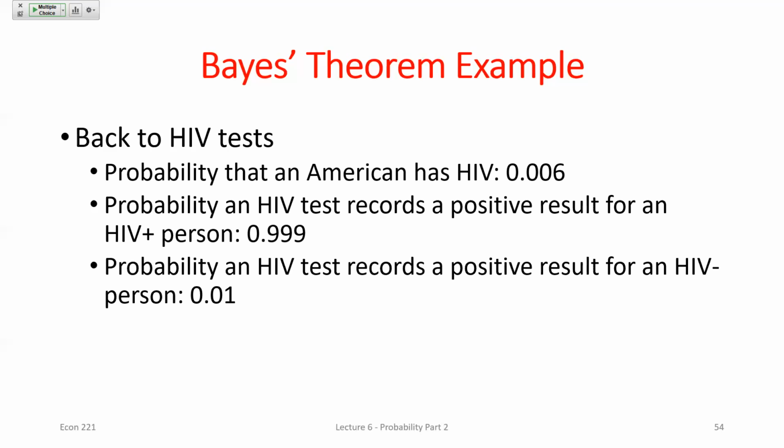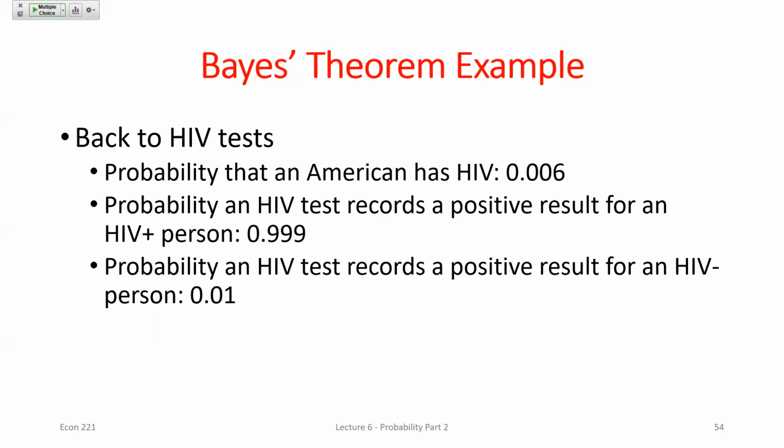The next thing we're told is the probability that we see a positive test result for an individual who's HIV negative. So now that we're looking at people who are HIV negative, we would say, given that someone's HIV negative, the probability that we see a positive test result is 0.01. It's like the false positive rate.